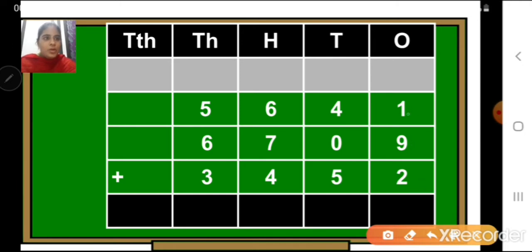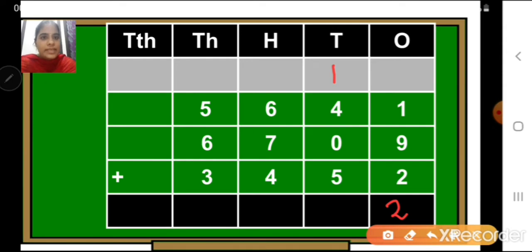Okay, 1 plus 9 is 10, 10 plus 2 is 12. So 12 we cannot write at ones place. So what will happen? The first digit, that is 1, we have to carry over at tens place. So 1 will be carry over and 2 we will write here at ones place, right?